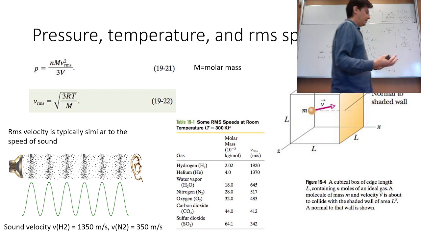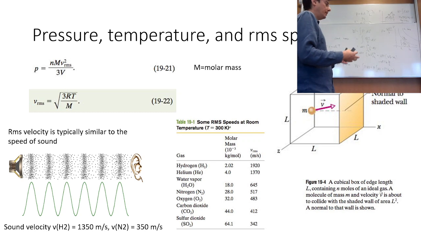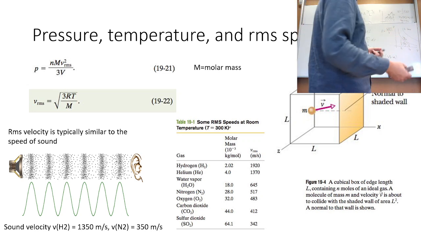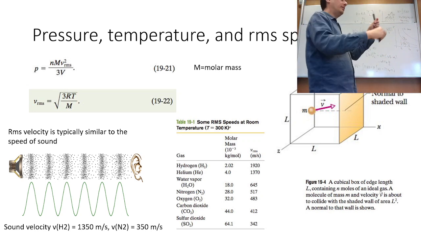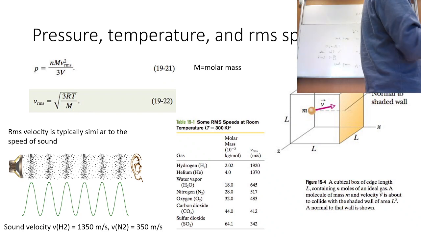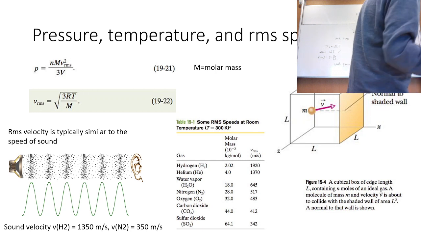If it's really connected to the microscopic world, then maybe we can derive this from the point of view of a bunch of atoms flying around in this balloon, or box in this case.